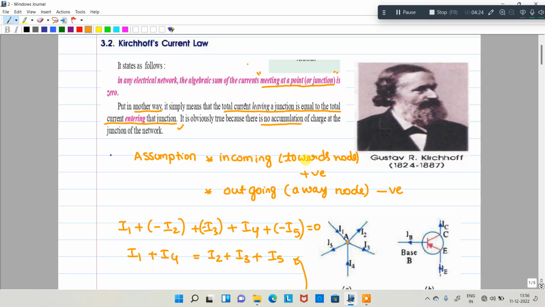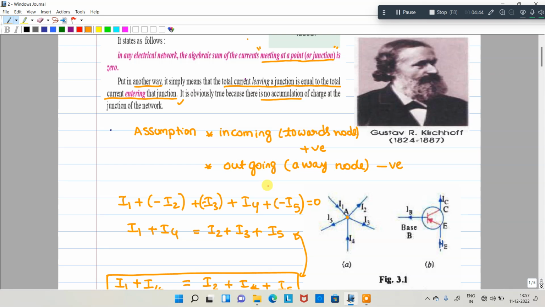Finally, you need to remember, from the examination point of view, they provide a statement and ask which law the statement belongs to: KCL or KVL? KCL. They may give Norton's theorem, KCL, KVL, or Ohm's law as options, and you choose KCL.